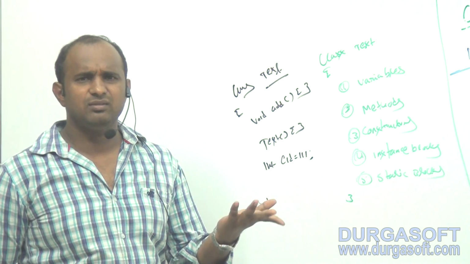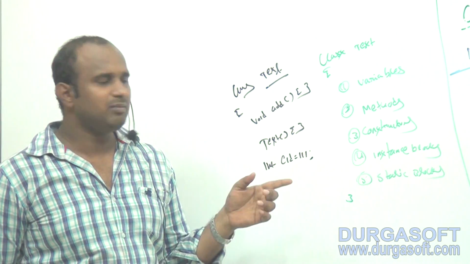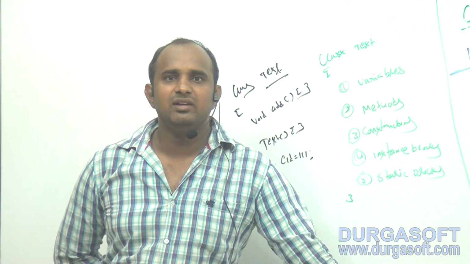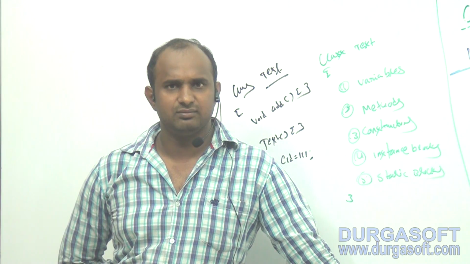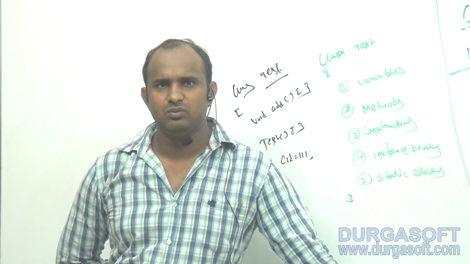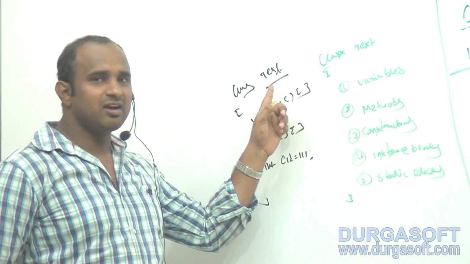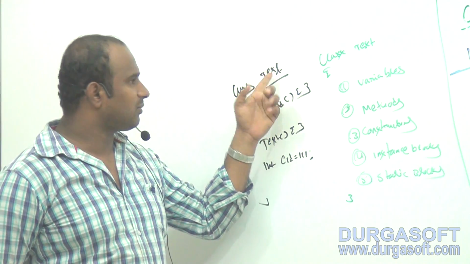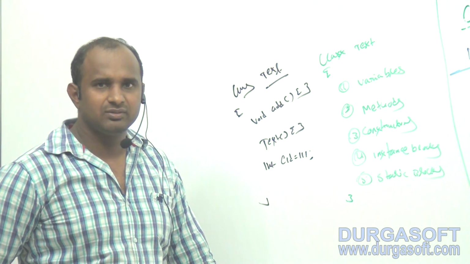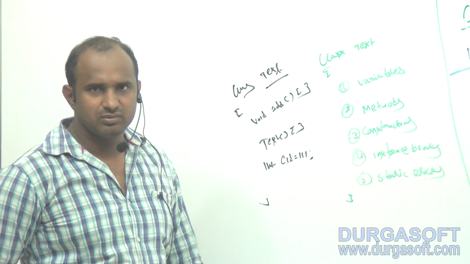That name may be a class name, a method name, or a variable name. Every name in Java is called an identifier. While declaring the identifier, or the class name, we must follow some rules. A class name does not start with numbers, it starts with alphabets.